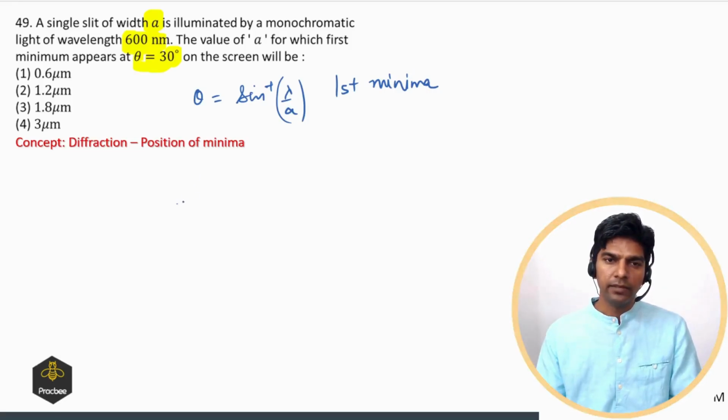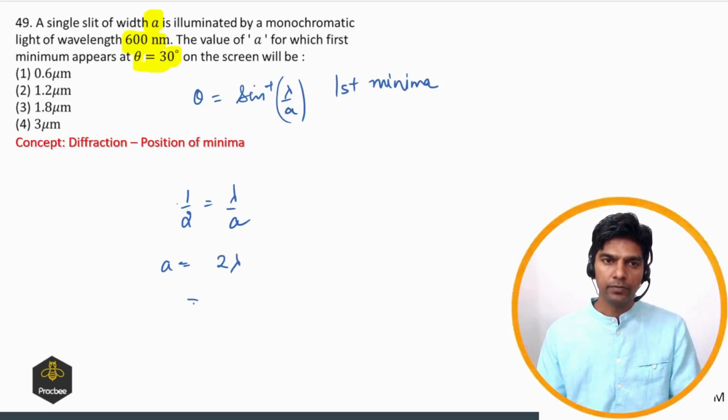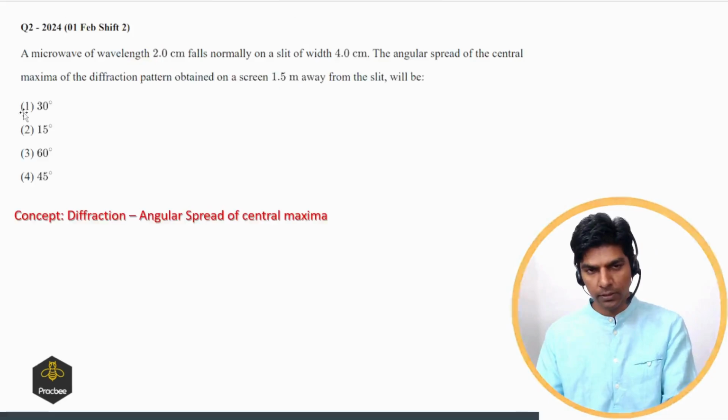So we can say sine 30 is 1 by 2 is lambda by A. So A will be 2 times lambda, which will be 1200 nanometer, and we have to find the answer in micrometer, so it will be 1.2 micrometer. So option 2 is the right answer.